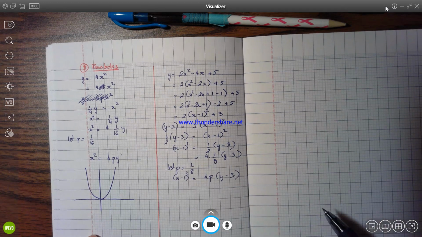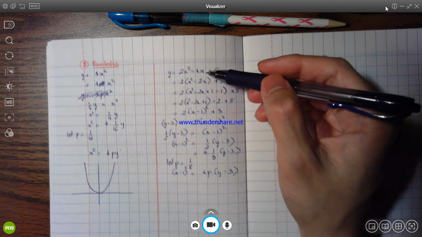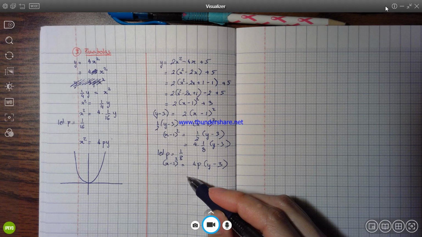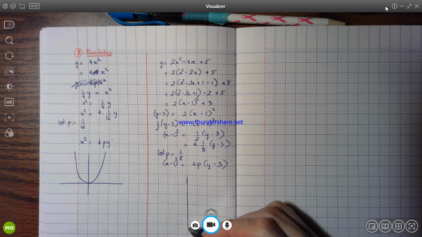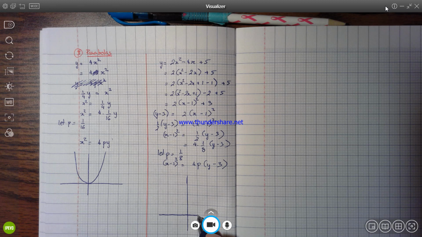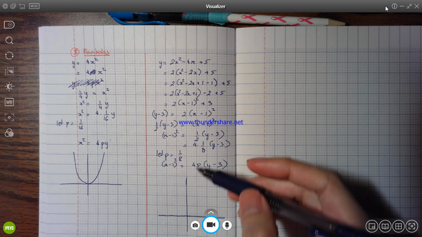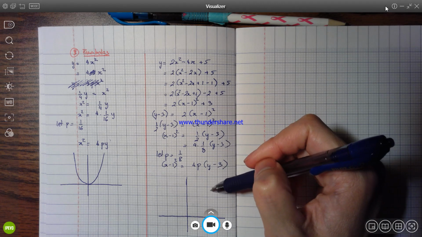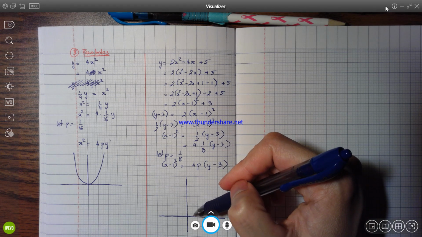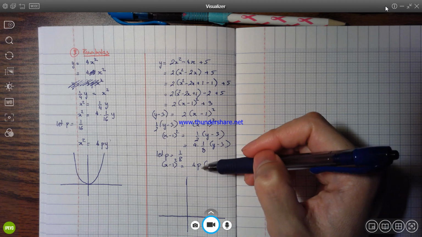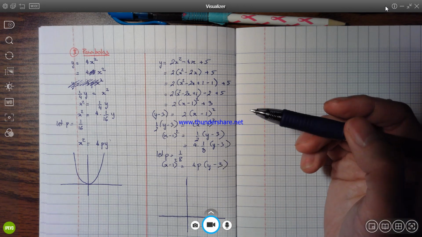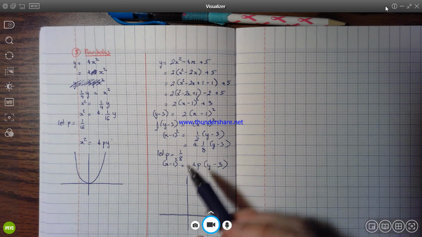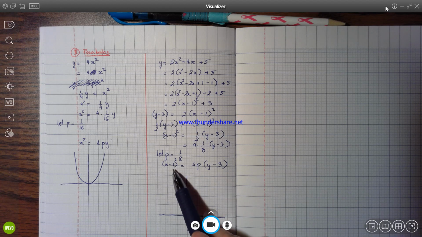All right. But what happened here? The graph for this one, this parabola here doesn't have the origin as the vertex. The vertex must be somewhere else. And where is the vertex? The vertex will be the numbers right here.